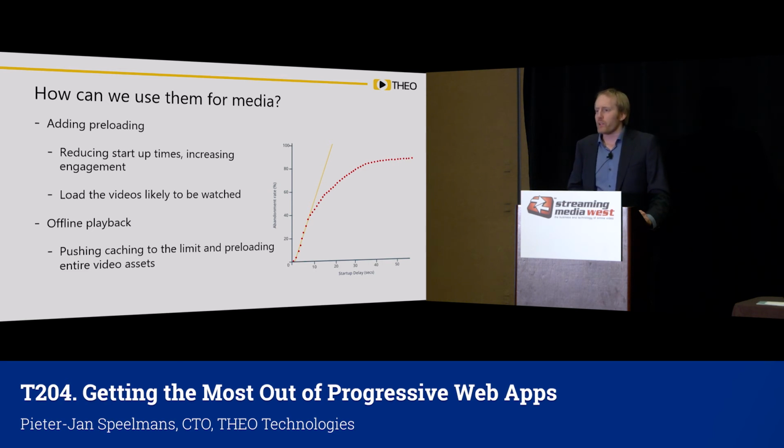Another nice thing that you can do here, I touched upon it very briefly earlier already, is taking that to the next level and making sure that you just start caching entire videos or entire assets inside the progressive web app. This allows you, from a user perspective, to preload a certain asset when you're on your home Wi-Fi because you don't want to use your mobile data or because you will be on a train or on an airplane at a later point in time, and you won't have network connectivity.